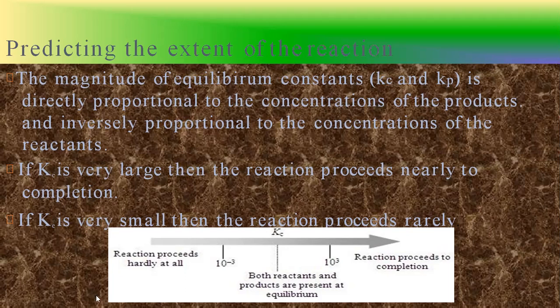When you calculate the numerical value and obtain that the value of Kc is small, near the negative side of the number line, it means the reaction proceeds hardly at all. If the value is positive and very high, the reaction proceeds to completion.